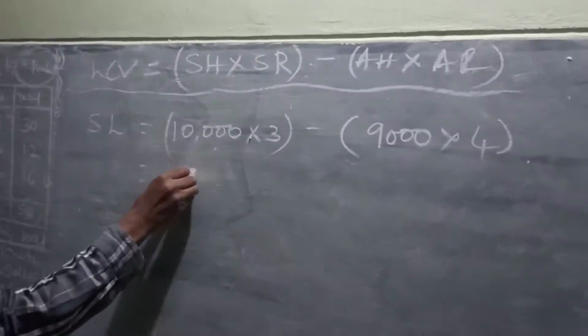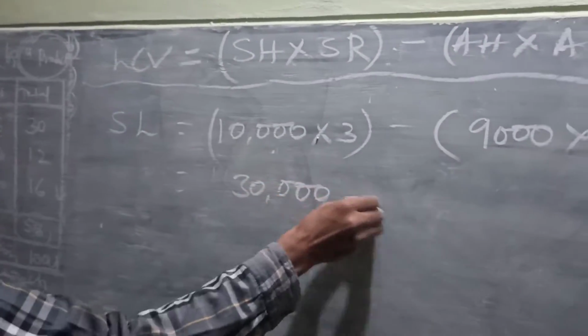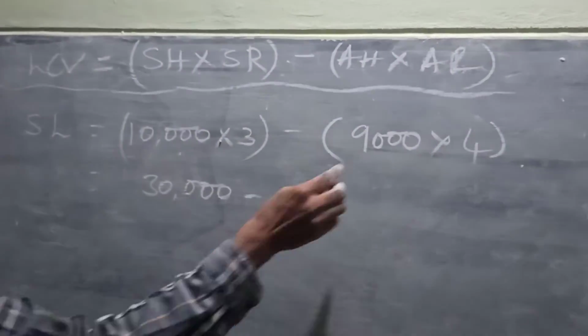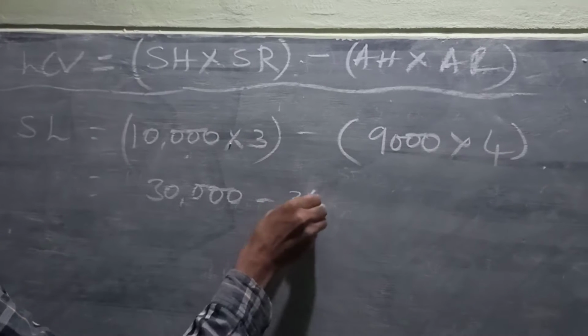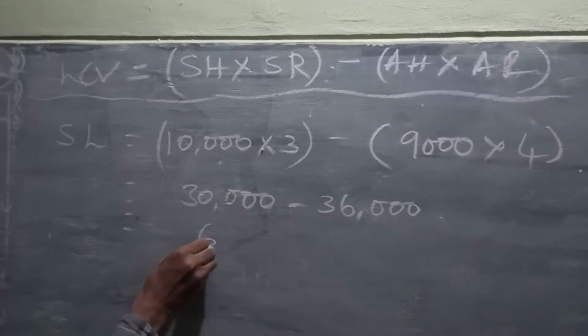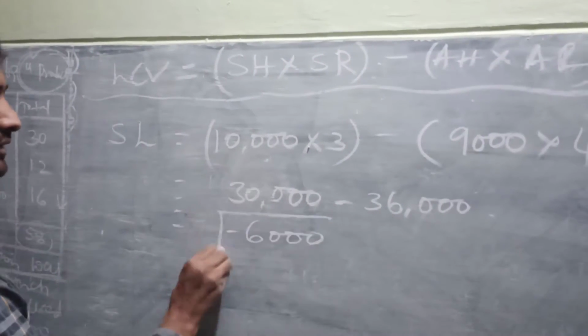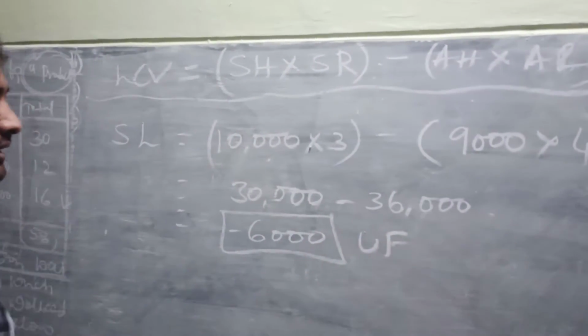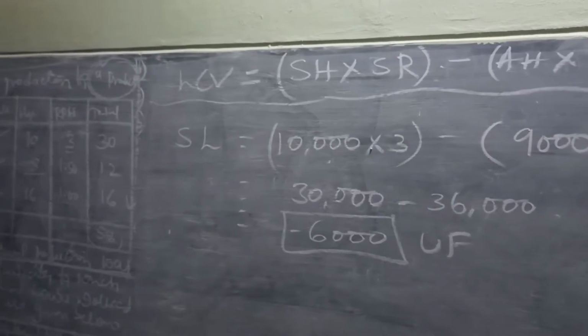Therefore 10,000 into 3, that is 30,000, minus 9,000 into 4, 9 4s are 36,000. So 30,000 minus 36,000 comes to minus 6,000, that is unfavorable. This is for skilled laborer.